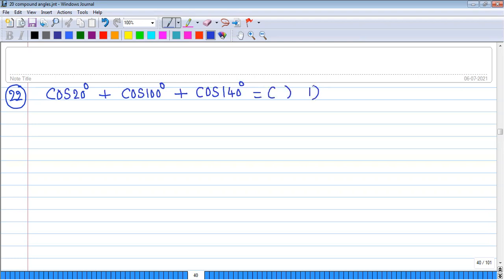First option is 0, second option 1, third option -1, fourth option 2.